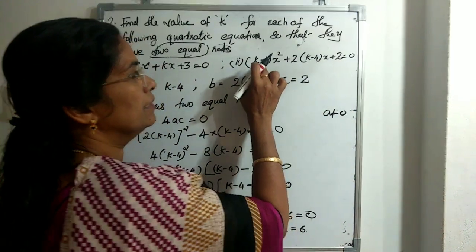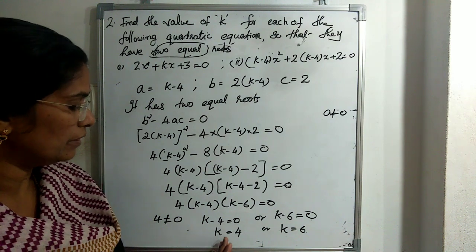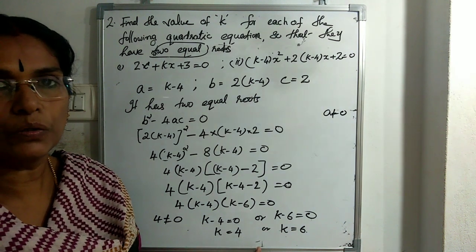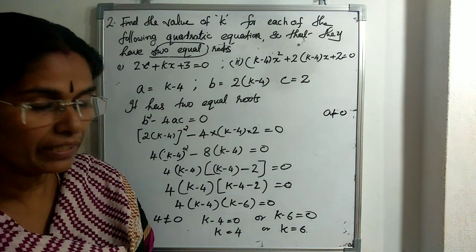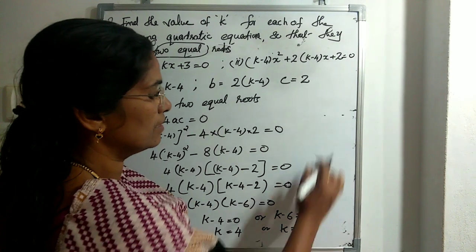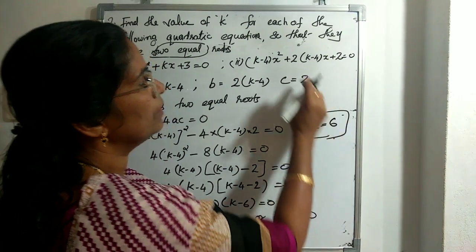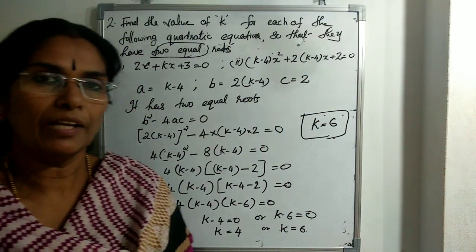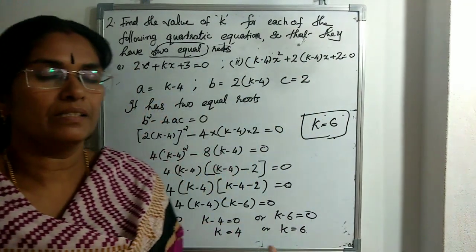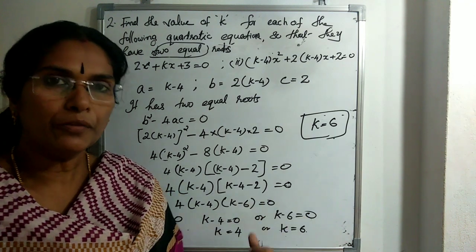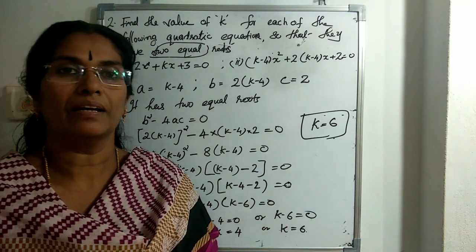This part is never 0, so we cannot take k is equal to 4. So which value can we take? The last answer, k is equal to 6. It is the only one suitable in this equation. So the value of k is 6. This is very important. You have to check which value is suitable. That value only we are writing.